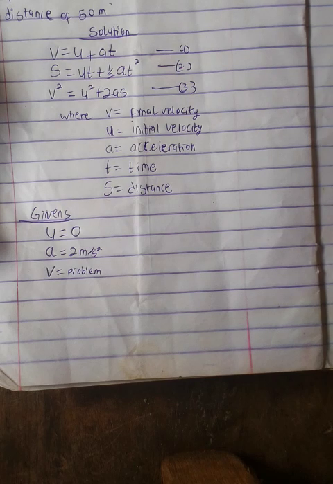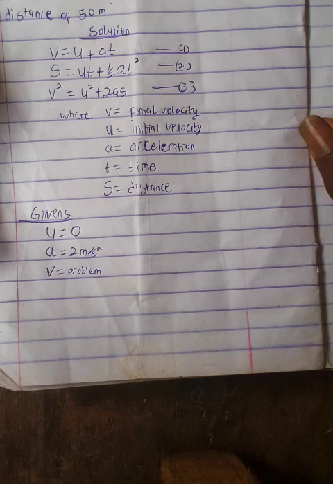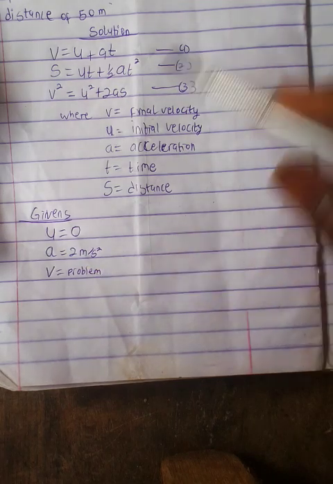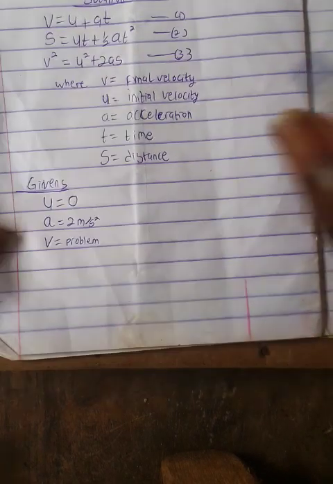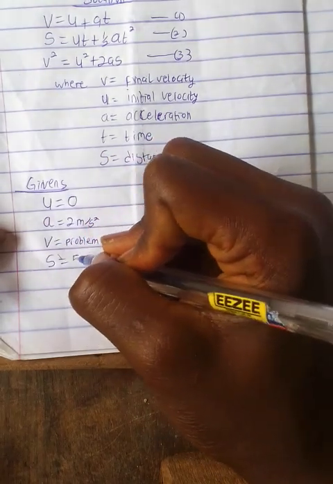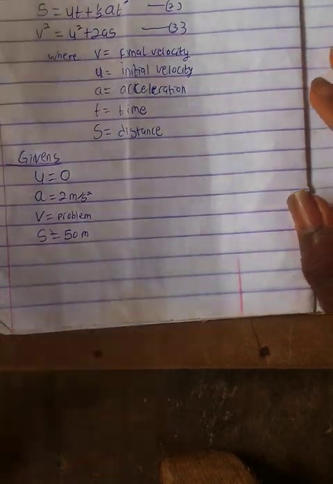A lot of students find difficulties in physics, thinking it's a hard subject, but physics is one of the simplest subjects. So let's move on. Find its velocity, when it has moved a distance of 50 meters. Distance is s. s equals 50 meters.